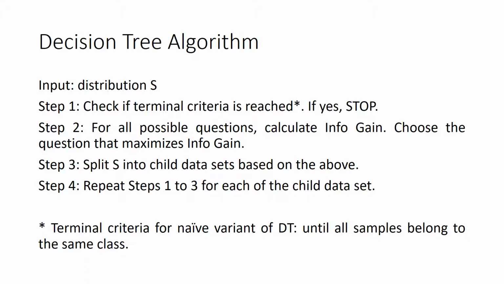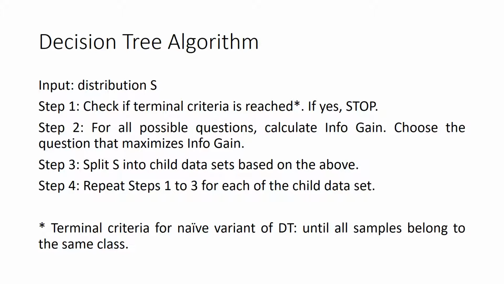Let's define a very naive variant of decision tree, and we'll see later why this naive variant is not a good option. For this variant, you could continue to split until all samples in the distribution belong to the same class.